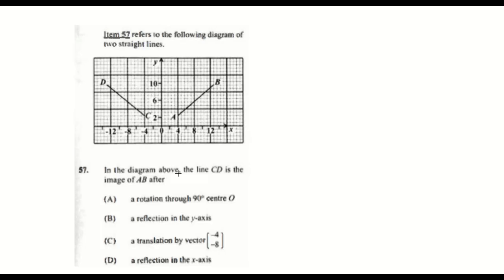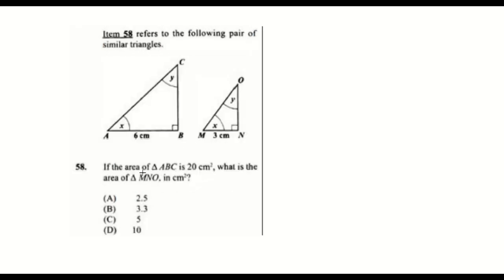57, they want to know what is the transformation AB to CD. That is a reflection in the y-axis. This one here, the area of ABC is 20. What is the area of MNO?